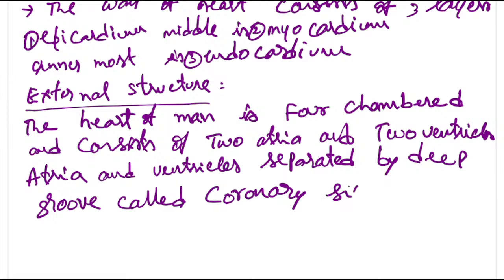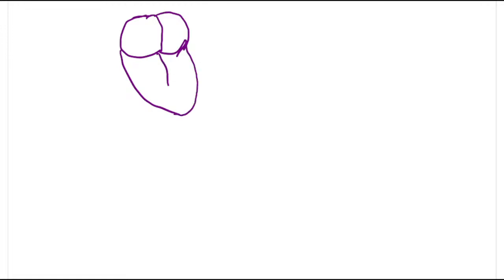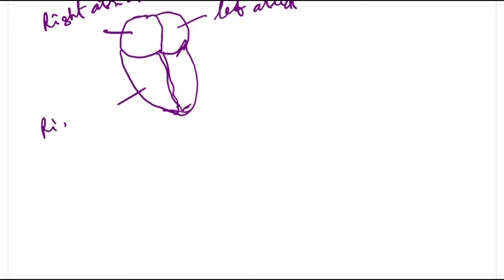For example, this is the right atrium and here it is the left atrium, and this is the right ventricle and this is the left ventricle.